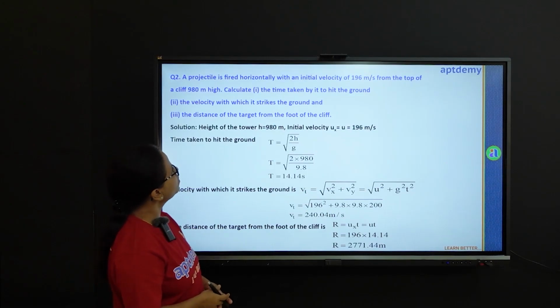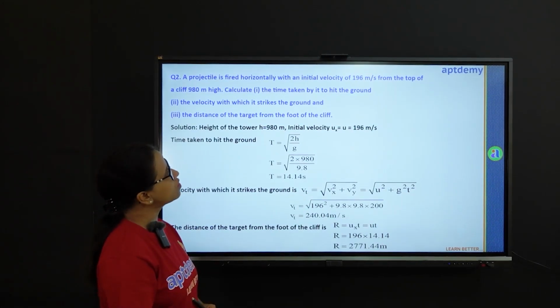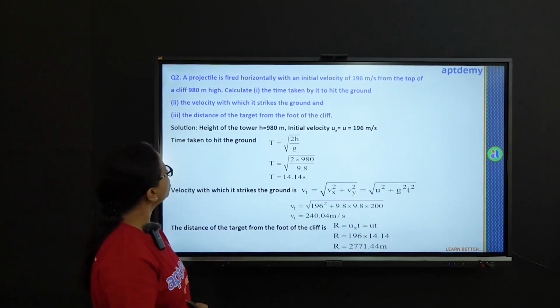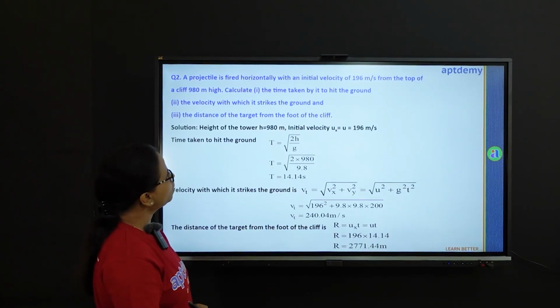Now the second problem. A projectile is fired horizontally with an initial velocity of 196 meters per second from the top of a cliff 980 meters high. Calculate the time taken by it to hit the ground, the velocity with which it strikes the ground, and the distance of the target from the foot of the cliff.